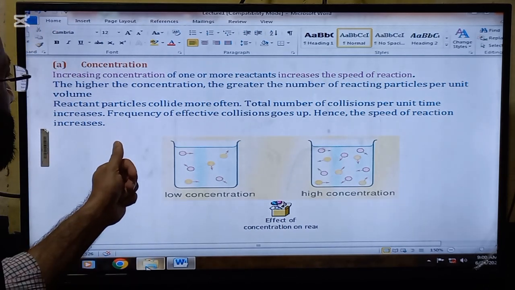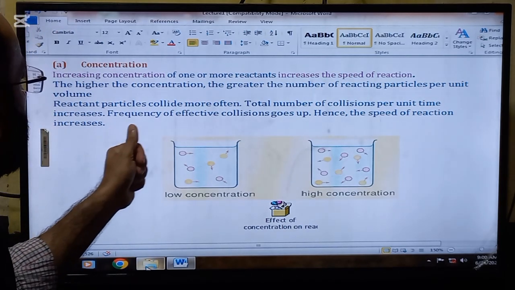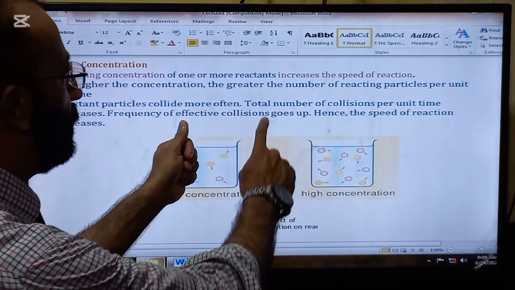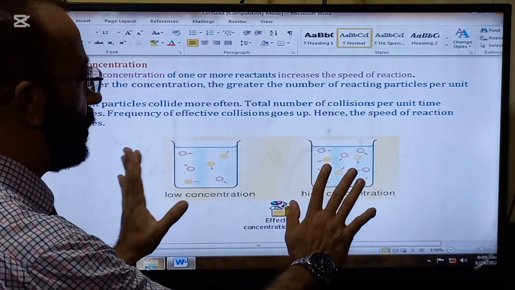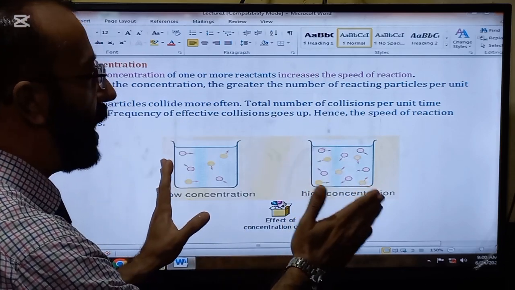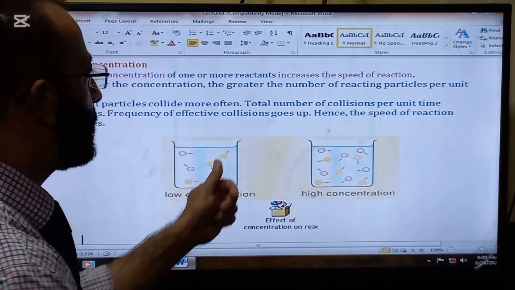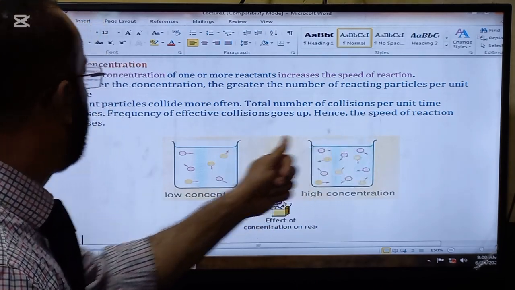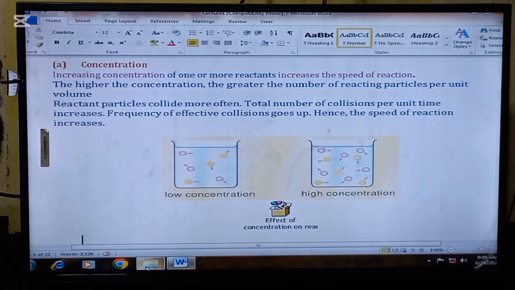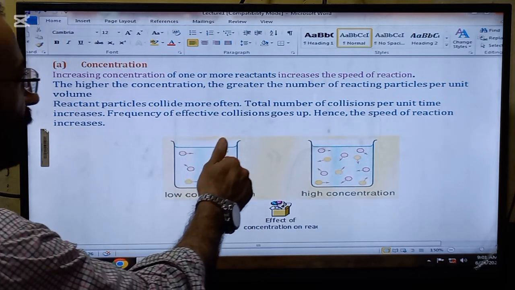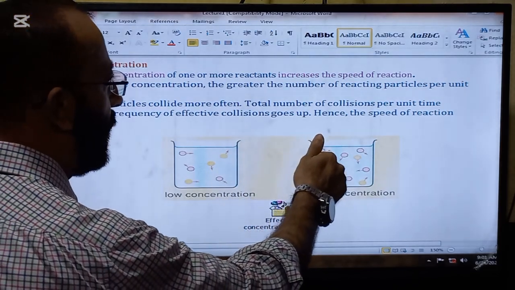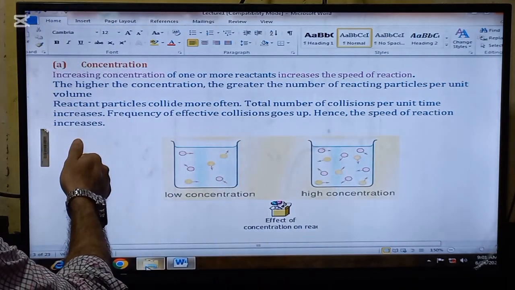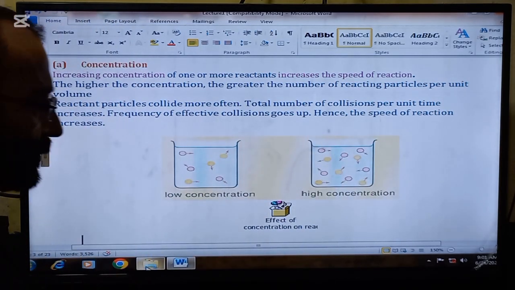So look now, reactant particles collide more often if we increase the concentration of all the reactants or one of the reactants. The total number of collisions per unit time will be increased. Frequency of effective collisions goes up, hence the speed of the reaction increases.